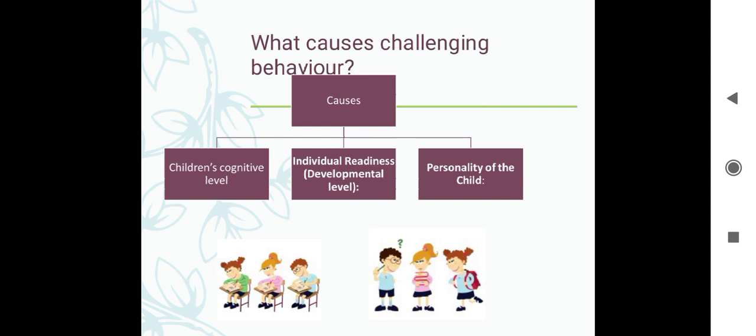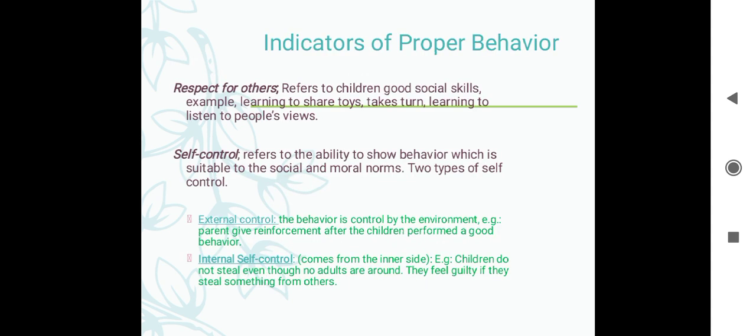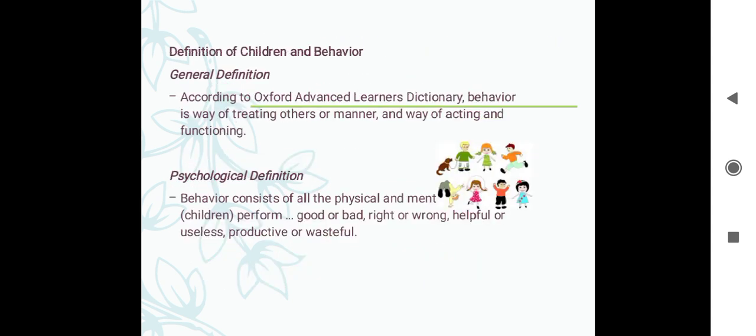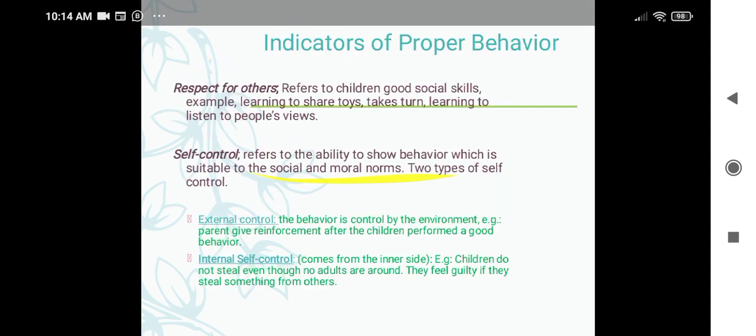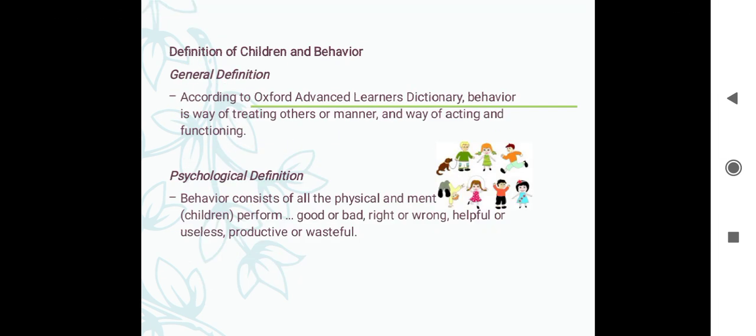Right? So let us recap. In this first part of the lecture, we discussed the definition first, the general definition and then the psychological definition. It consists of physical and mental performing.